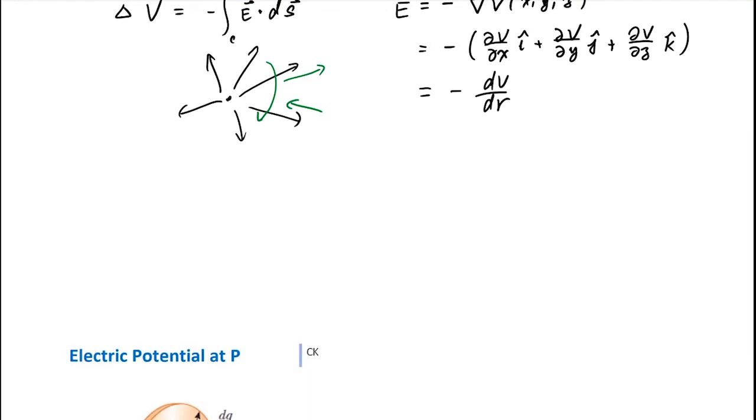Here's a point charge, positive Q, and we want to calculate the electric field at point P. The distance from the charge to point P is x. So r is equal to 0 at the charge, and r is equal to x at point P. Your variable is the radius r.